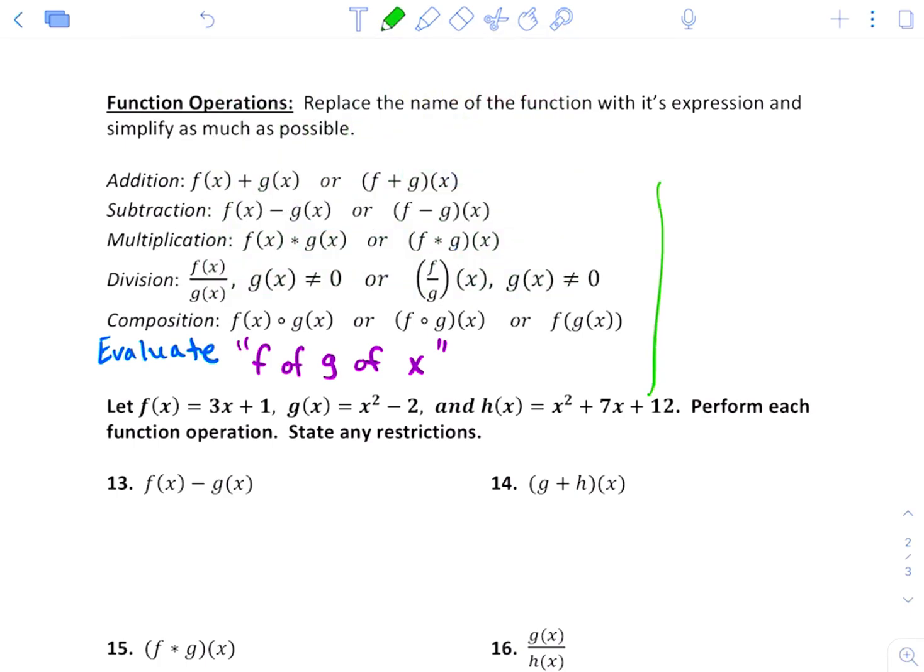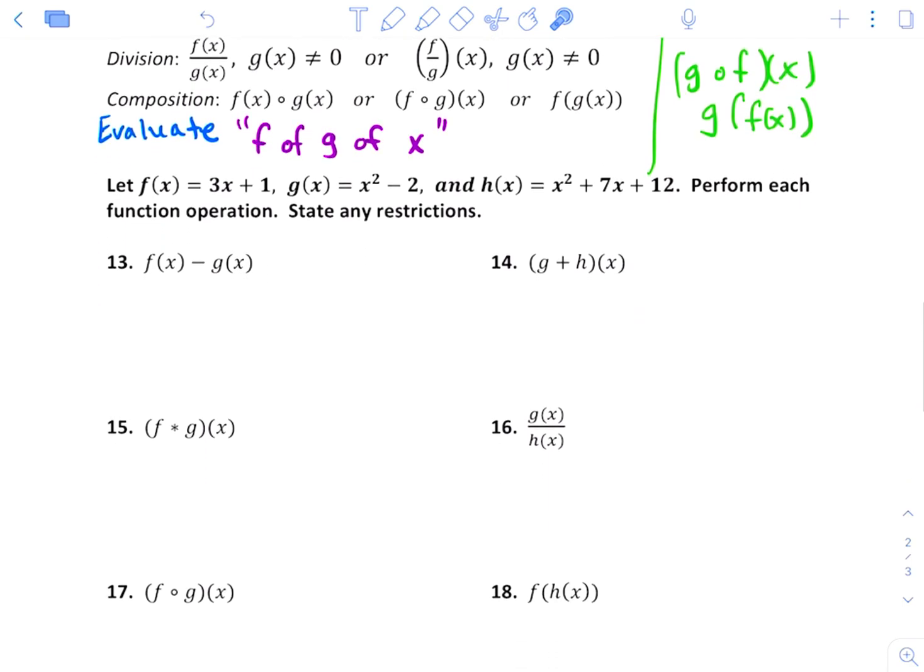So I can see this as g of f of x. So when I look at this, this is telling me to take whatever that f of x function is and evaluate it into the g of x function. So this means the same thing as g of f of x. Okay. So if it's easier for you to think of it like this, or again like this, that's how I would think of it.